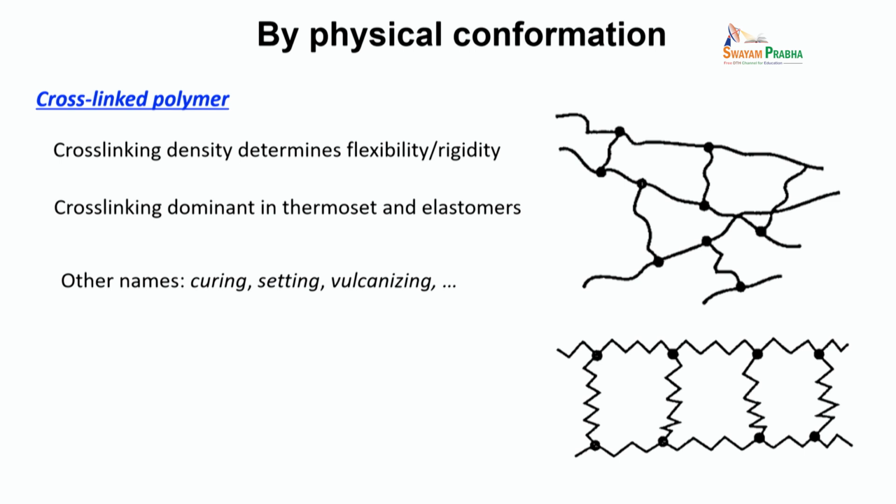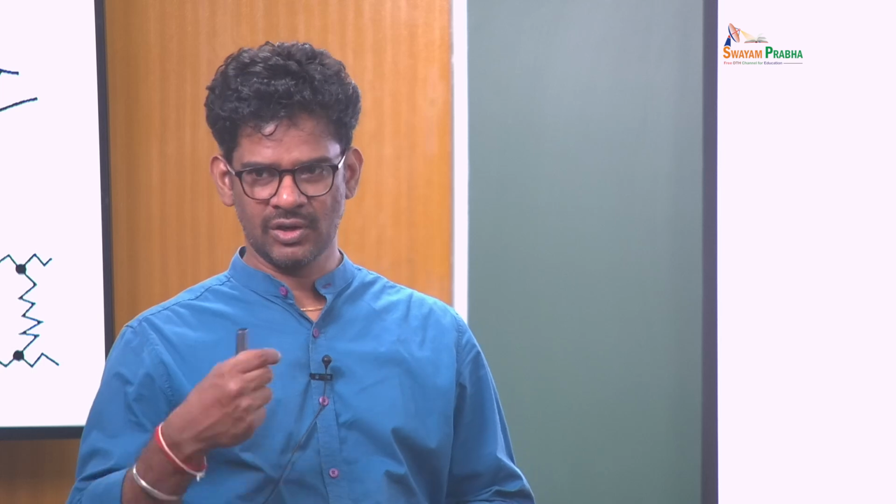So, as I said, this is very common in thermosets or elastomers, and thermoset or curing, we also call this curing, setting, vulcanization, they all basically refer to the same as cross-linking, okay. So, cross-linking is another method by which you can change how flexible or how rigid the polymer is, that you control by adding a cross-linking agent. You can also change the number of cross-linking points, therefore, you have control over to what extent you cross-link this.